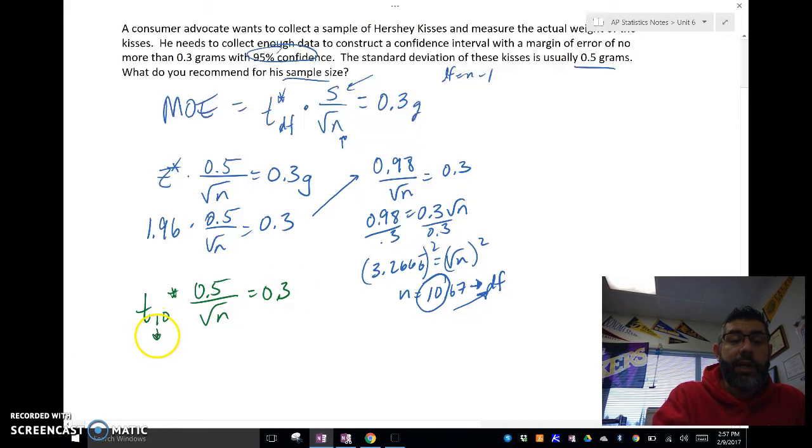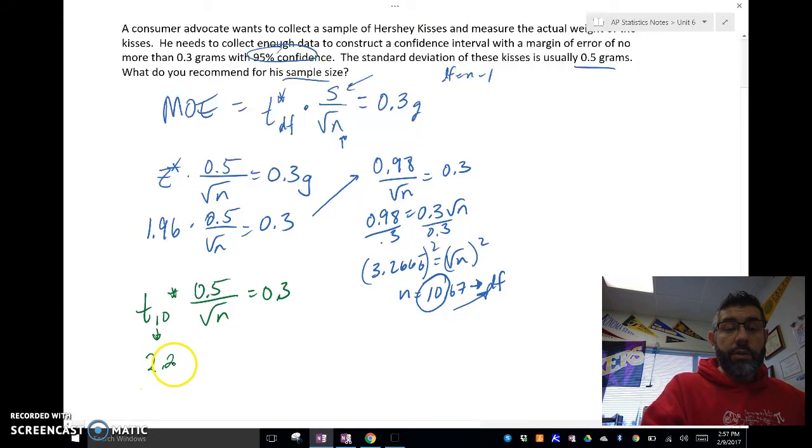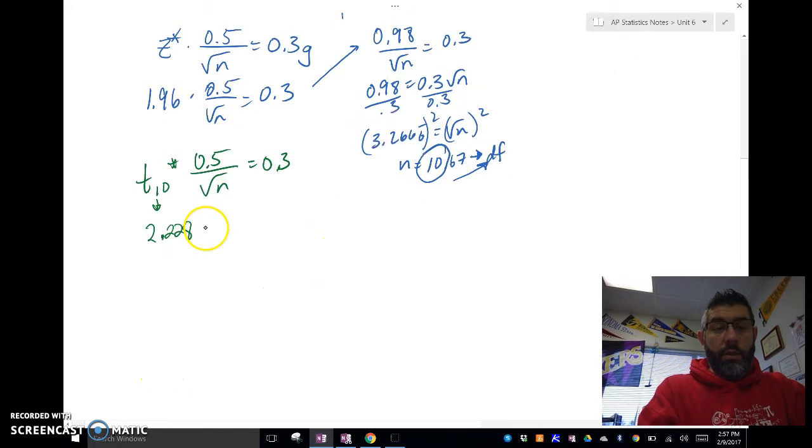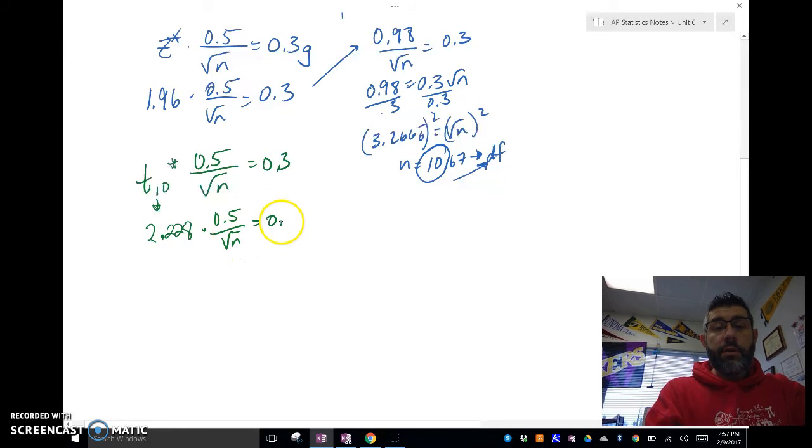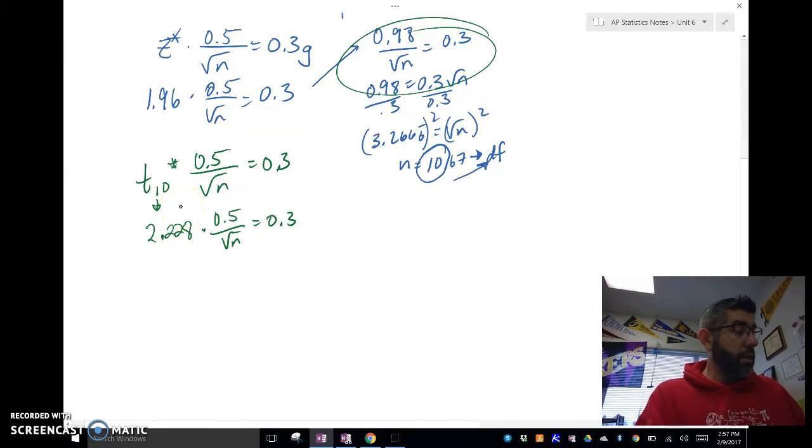We need to find t star with 10 degrees of freedom, so I'll go to my t table. 95% confidence with 10 degrees of freedom is 2.228. And I'll do the same algebra that I did over here.